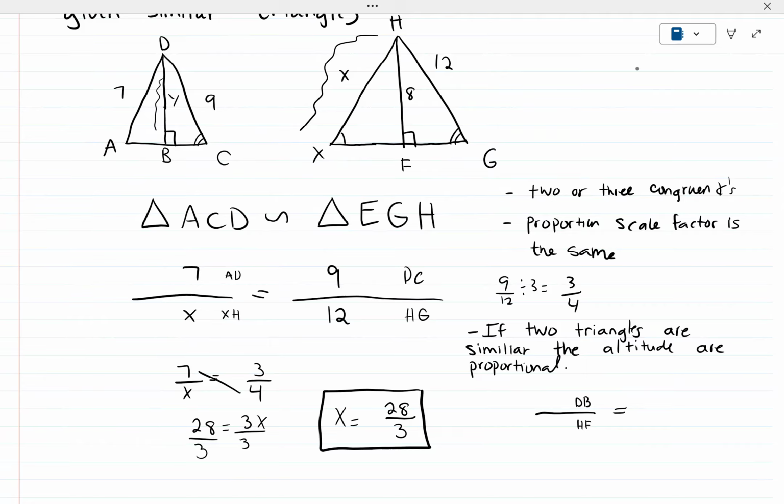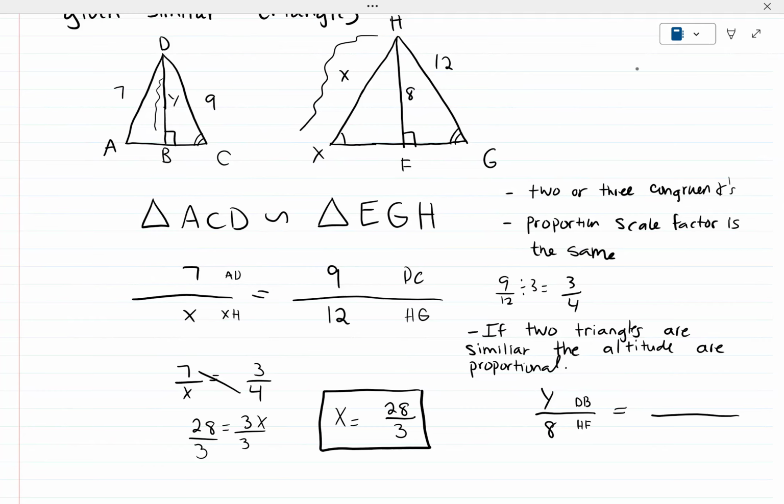So DB is 9, 8. Wait, no, y, right? DB is y, and then HF is 8. And then we can still use 9 and 12. We could do DC over HG, which reduces to 3/4.